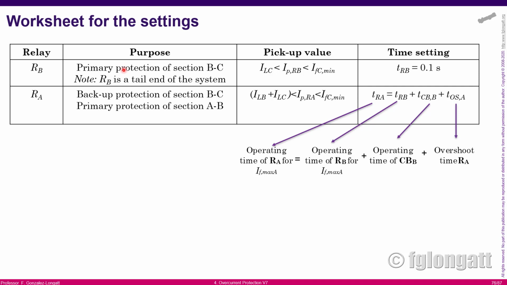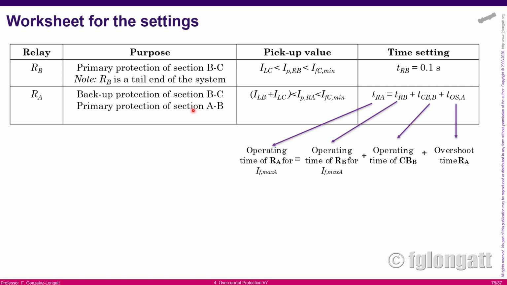Then we have relay A. Relay A has two functions: first primary protection, and then secondary protection. Let's start with the simple one, the pickup setting. It is extremely simple because the primary protection will be defined by the current. In this case, we will use a current that is below the short circuit levels and higher than the maximum load level. And then we have the very interesting time that we need to wait.